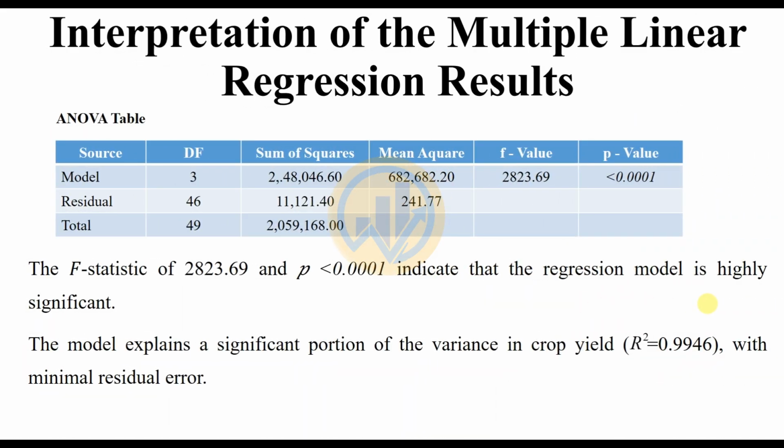The next one is the ANOVA table. The source, degrees of freedom, sum of squares, mean square, F value, and p value are all presented in the ANOVA table for the multiple linear regression.